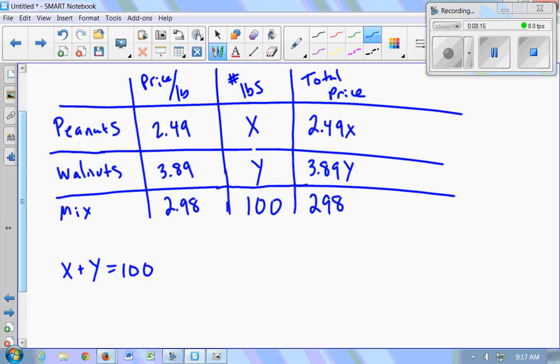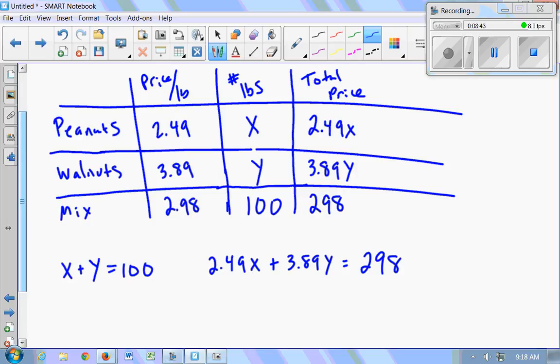The number of pounds of peanuts plus the number of pounds of walnuts has to add up to 100. And then another equation is that the cost of the peanuts plus the cost of the walnuts has to add up to my total cost. So 249X plus 389Y has to equal $298.